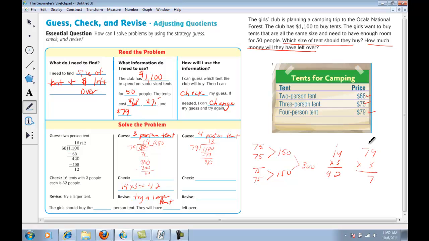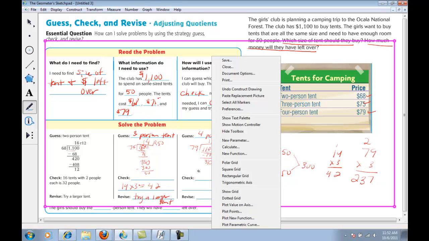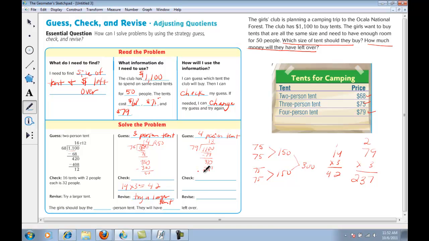So this is going to give me 237. When I subtract 310 minus 237, that's going to give me 73, which is not enough to put another one in each group. So 3 was a good estimate. So I'm going to say that my quotient is 13 remainder 73.